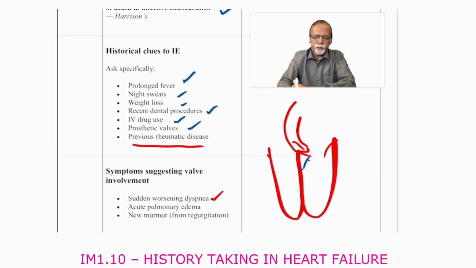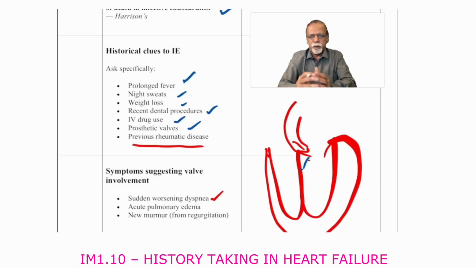So what happens? The left ventricle is unable to adjust. When there is an acute MR, the blood that is ejected will come back to the left ventricle, or if somebody has aortic regurgitation, the blood will come back to the left ventricle.